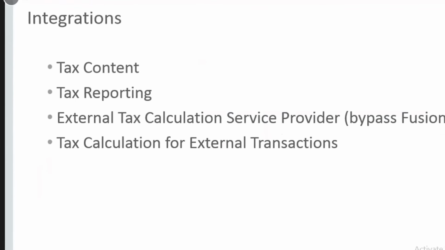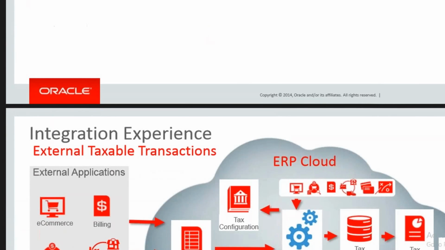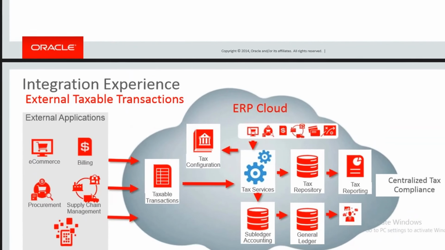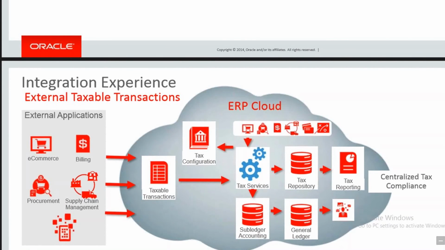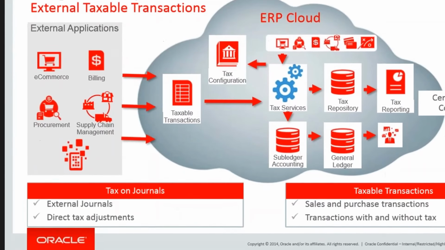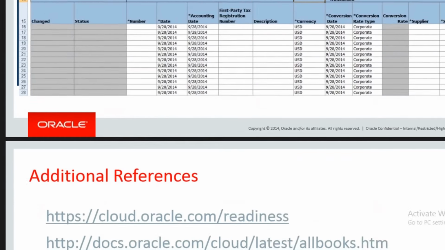Otherwise, we can even use the data loader for tax also. We have seen it for geographic, right? Similar way, we can use that for taxation. Okay, so you can just go through it from an integration point of view.